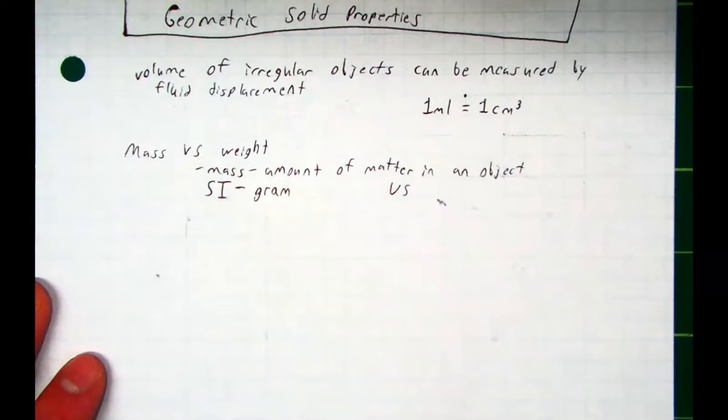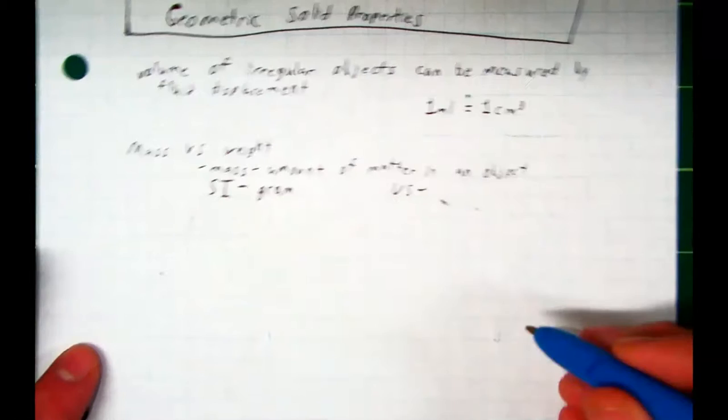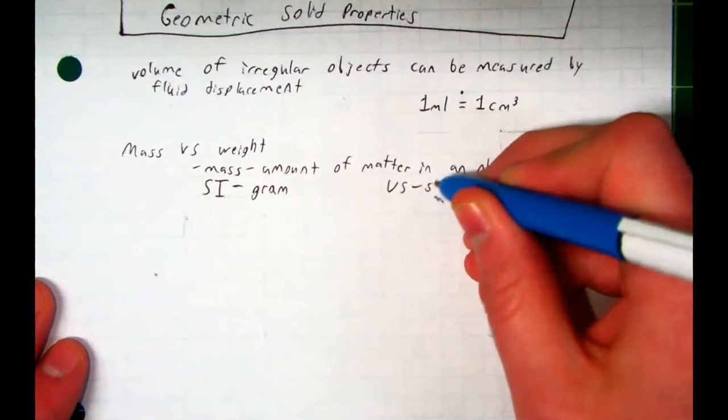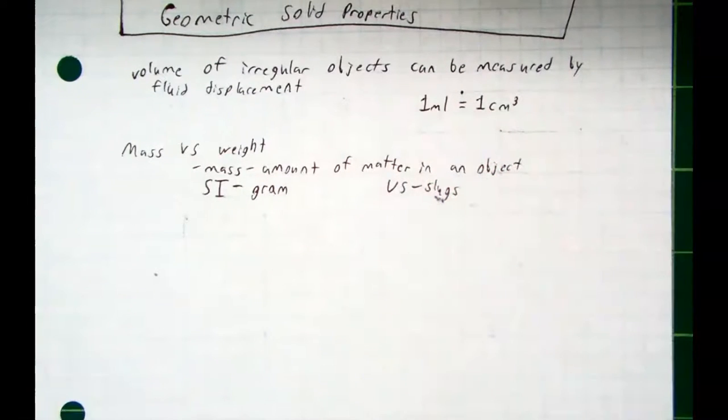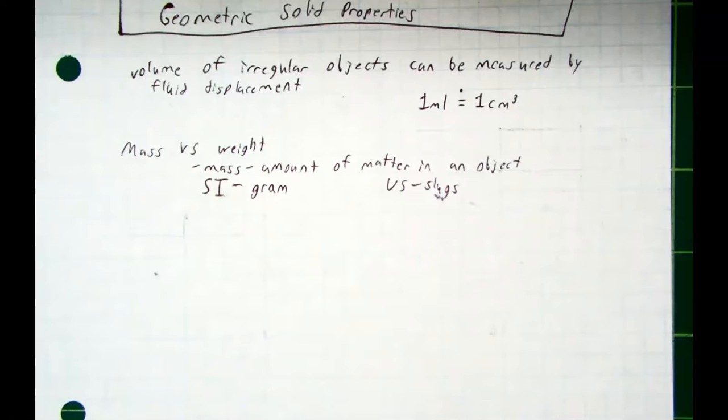Pounds. Perfect example of mixing up mass and weight. Very good. No, that is weight. We measure mass in the U.S. system, and I'm not kidding, in slugs. There's a conversion rate for slugs. Let me see if I can pull it up real quick. I'm not exaggerating.